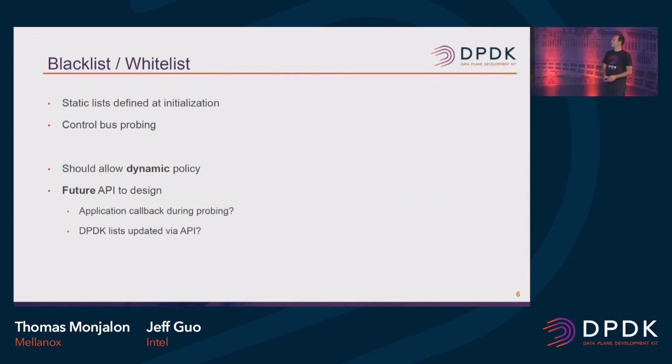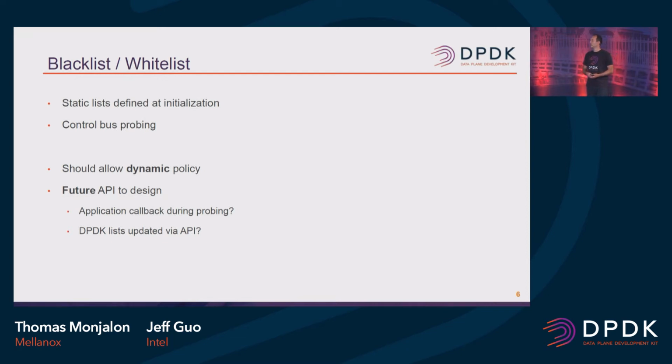Okay, talking about whitelist. This is blacklist and whitelist. It is also something which is very static in DPDK. What do blacklist and whitelist do? They control what is probed. But we can maybe try to make it more dynamic. Maybe we want to update what is blacklisted and whitelisted during the lifecycle of the application.